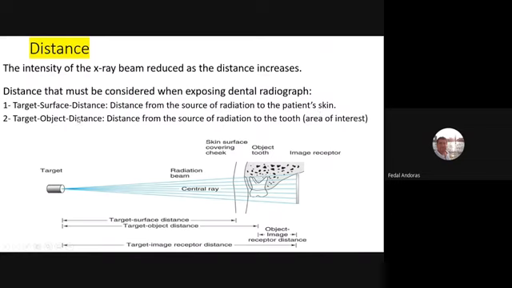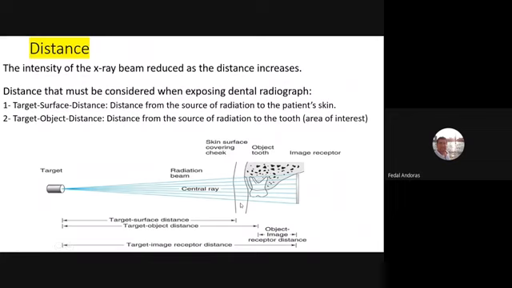Target to object distance. This is the target, this is the object. It is the distance from the source of radiation to the tooth or object or area of interest. These are very important to understand because in the future, in patient protection, we will talk about this, because whenever you take a radiograph of this object, there will be radiation hitting the cheek, soft tissue, and there will be ionization.